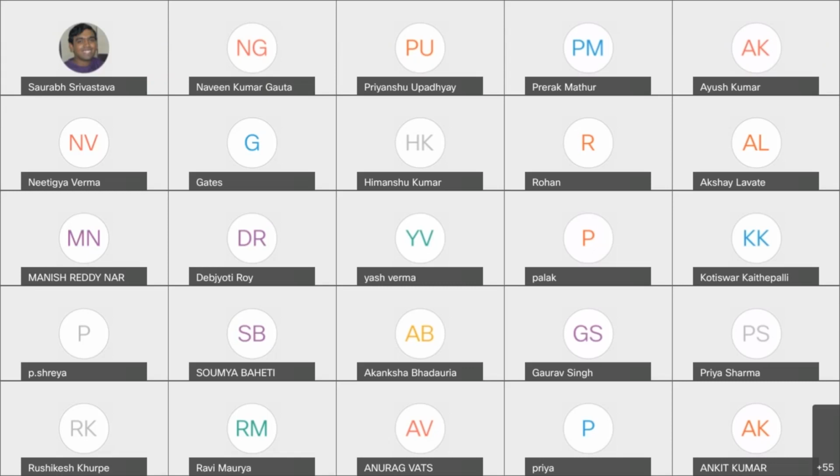Prerak is IT 9. IT 9. Manish is IT 35. 35. Okay, done. And Rohan is CS 64. CS 64.